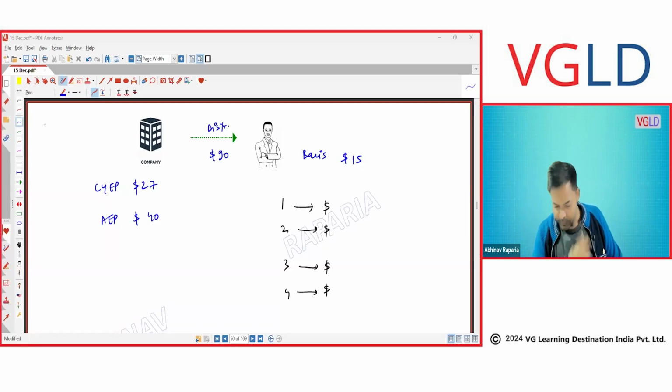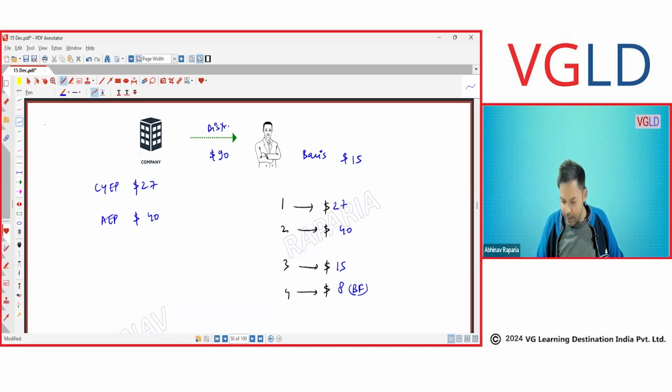What's your answer? Current year is 27. Accumulated is 40. Third, this is 15 and this is 8. Whatever is my balance figure.